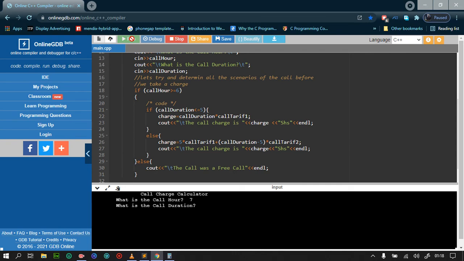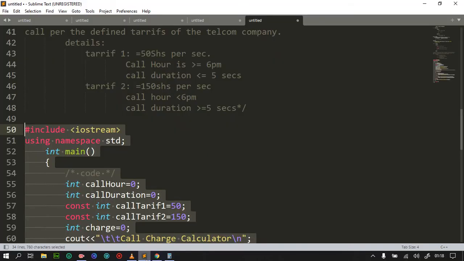Then I talked for less than, so I talked for 4 seconds. Definitely that was 200 shillings. So it's quite interesting. Hope you really get back and look through it more and more.